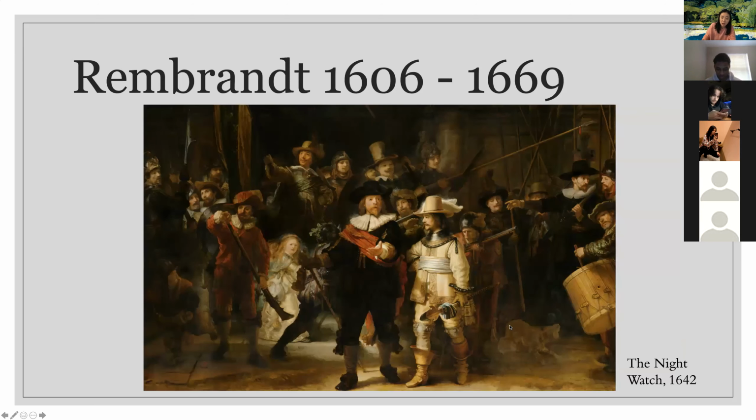This is Rembrandt's largest and most famous painting, made for one of the three headquarters of Amsterdam's civic guard. These groups of civilian soldiers defended the city from attack, and Rembrandt was the first to paint all of the figures in a civic guard in action.